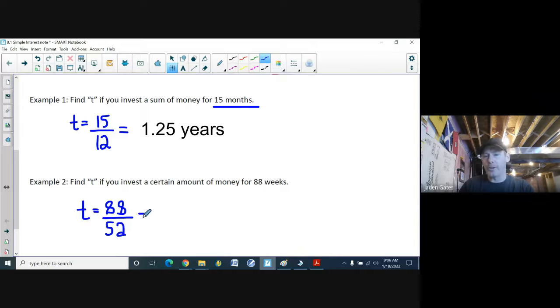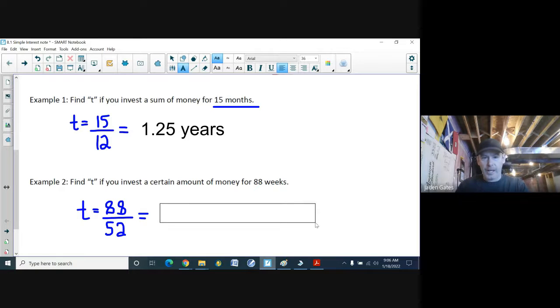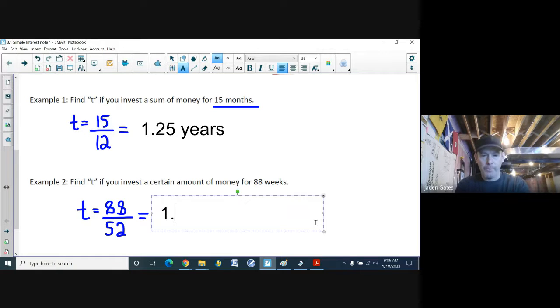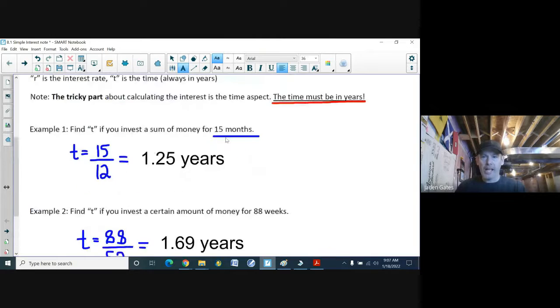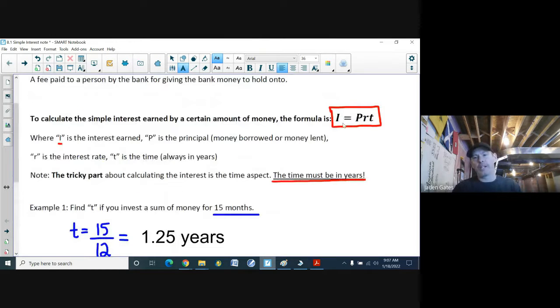By the way, there's 365 days in a year if that happens to happen. All right, but this time we're figuring it out. We're using weeks, so I got 88 divided by 52, and this time 88 weeks represents 1.69 years. So again, you always want to make sure that your time is in years. All right, but again, our key formula here we're going to be using is I equals PRT.